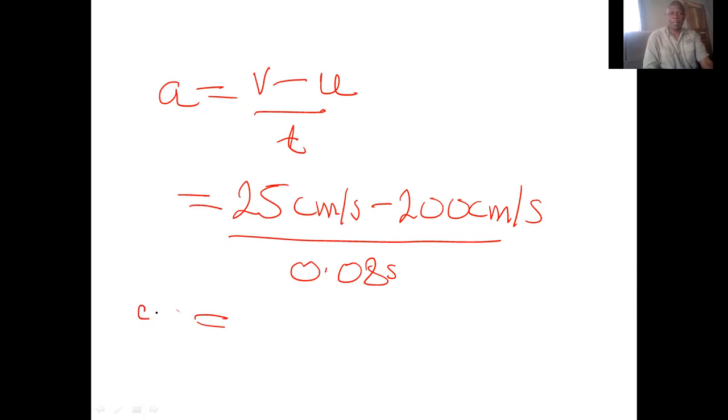And therefore our acceleration becomes minus 2187.5 centimeters per square second.